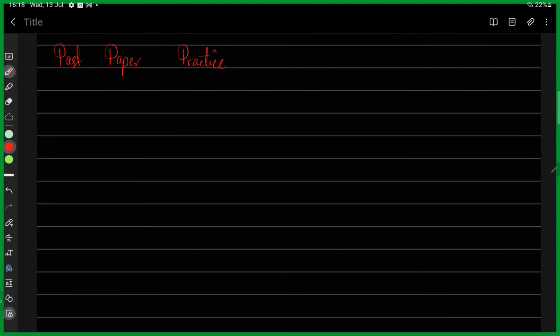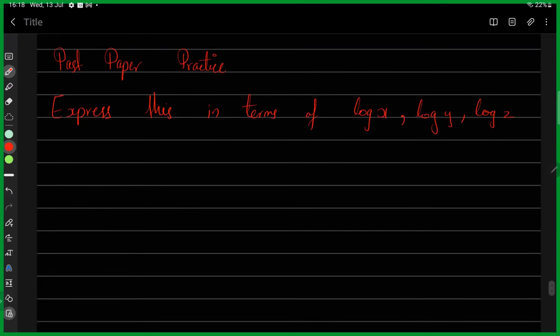The question says, express this in terms of log x, log y, and log z. And what is the question exactly?